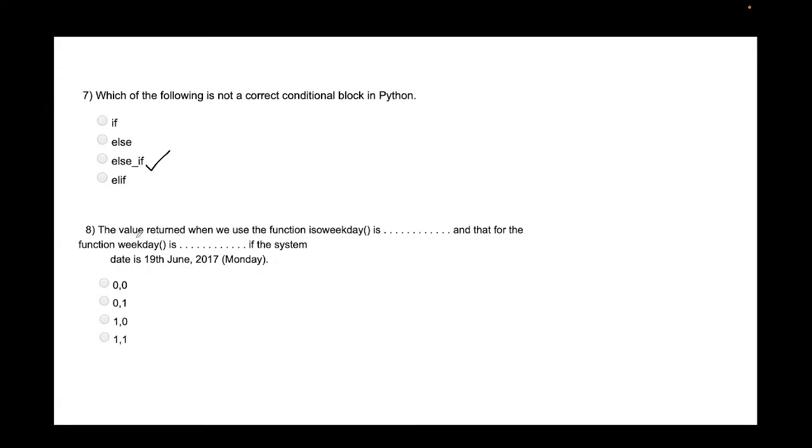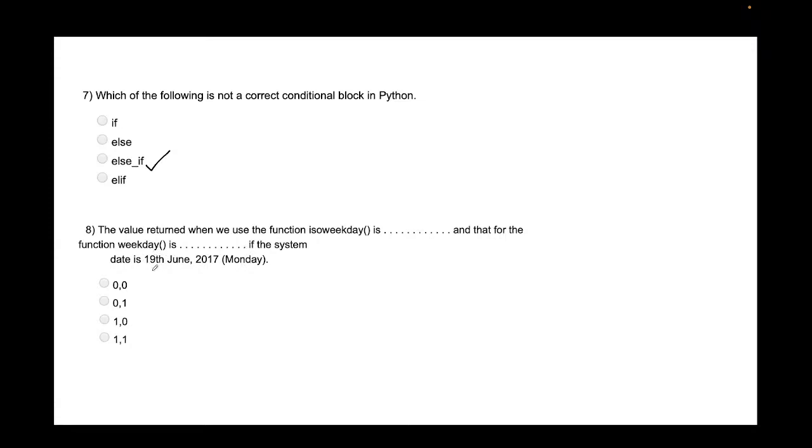Now, the value returned by the functions isoweekday and weekday is asked when the date is 19th June 2017, which is a Monday.